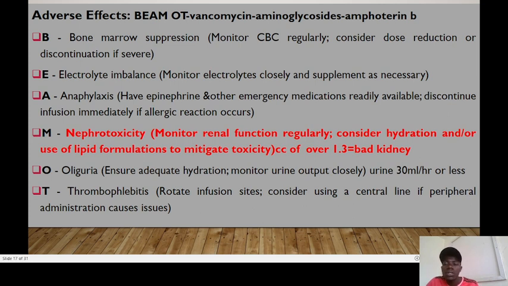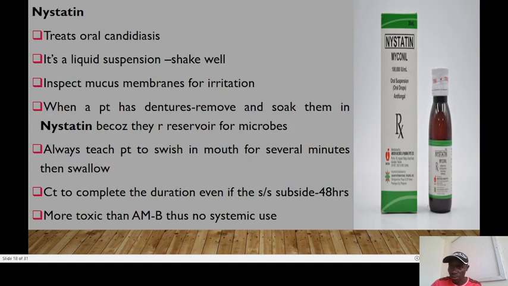You can also discontinue infusion immediately if allergic reaction occurs. O is for oliguria, so you have to ensure adequate hydration. You monitor urine output, make sure it's above 30, that is 40 mils per hour. Okay, lastly we have thrombophlebitis. So as a nurse, you have to rotate the infusion sites. Consider using a central line if peripheral administration causes issues.